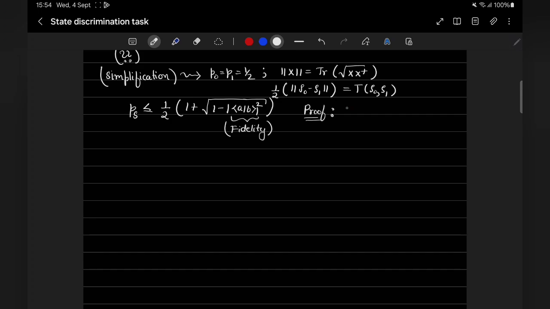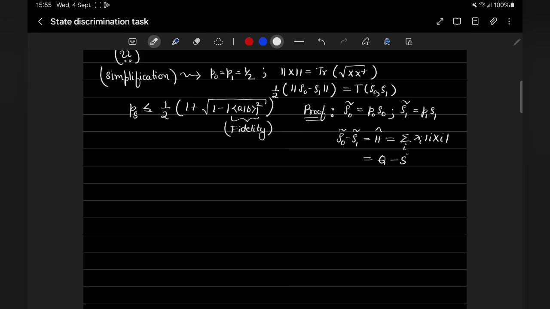So for this, we say that rho 0 tilde be p0 rho 0, and let rho 1 tilde be p1 rho 1, and then rho 0 tilde minus rho 1 tilde is equal to H, which is equal to summation over i lambda i, and this can be written as Q minus S.